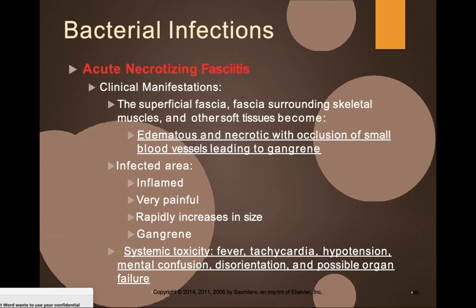In terms of systemic toxicity, you have to look out for fever, tachycardia, hypotension, feeling of being disoriented or confused, and then organ failure. I mean, this could be deadly.